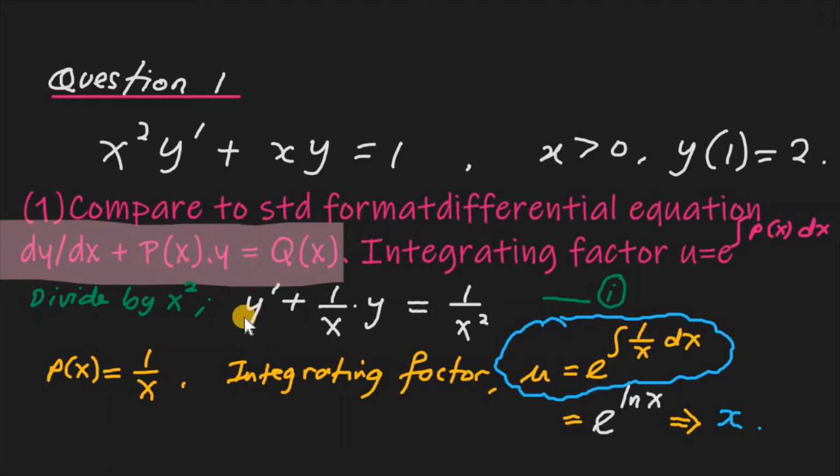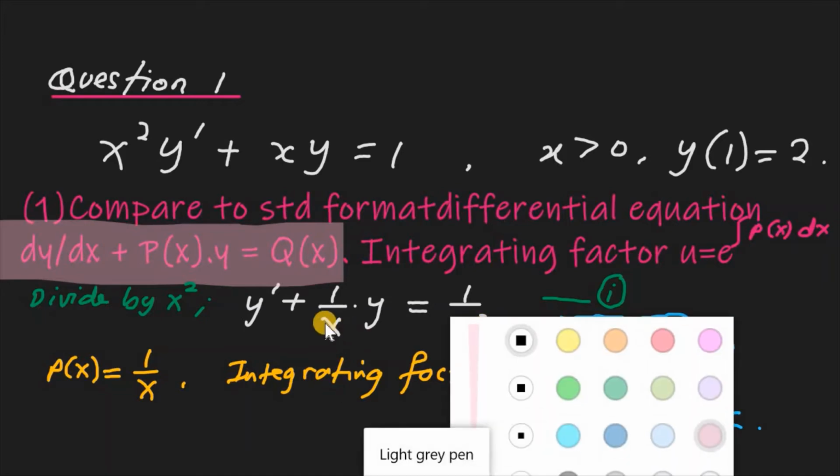So over here we only have dy/dx. Over here we divide by x squared as well, we get 1 on x times y, and over here we divide by x squared and get 1 on x squared. So from there we are able to recognize our p.